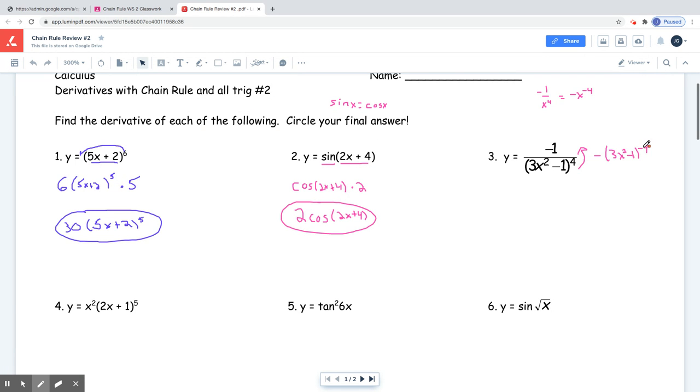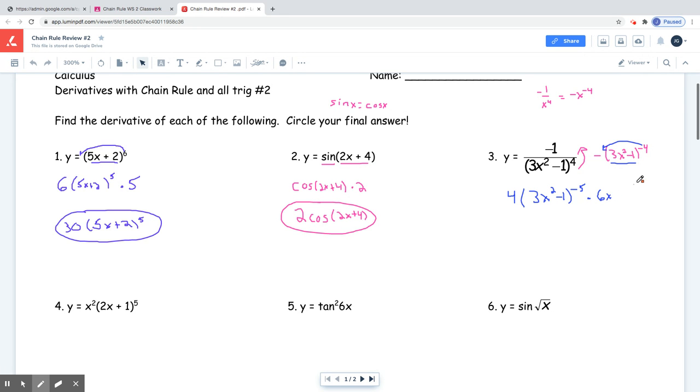This is a quantity raised to a power. You take the exponent, bring it out front, negative 4, but there's already a negative out there, which makes it a positive 4. Keep the inside, whatever's in the parentheses, the same. We had negative 4. I subtract 1 from negative 4 and get negative 5. Then I multiply by the derivative of the inside. The derivative of 3x squared is 6x.